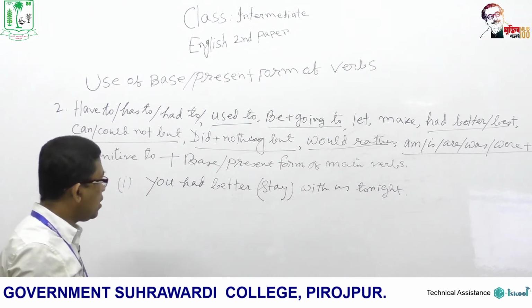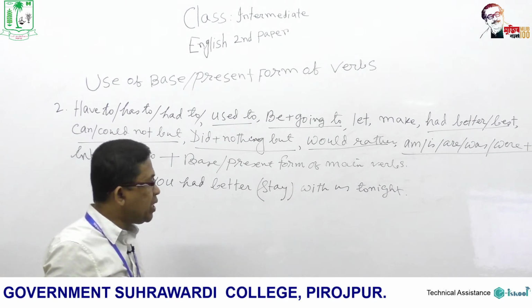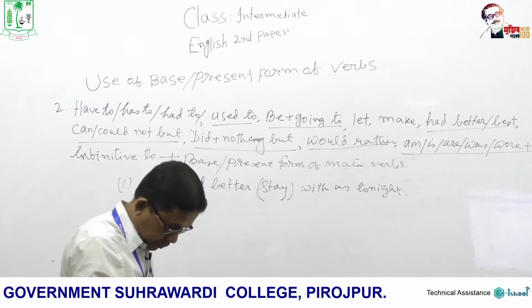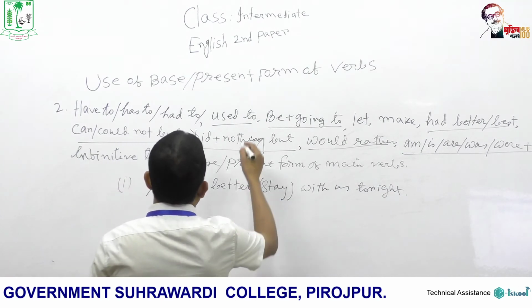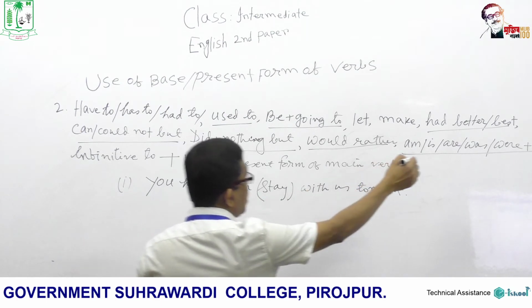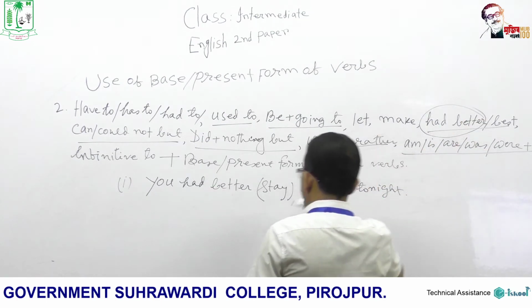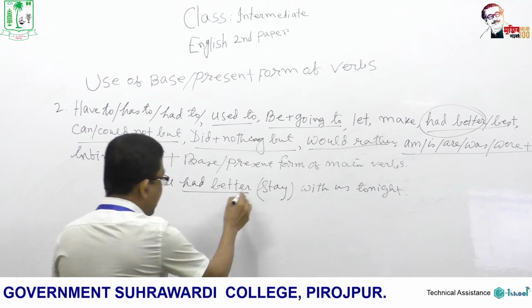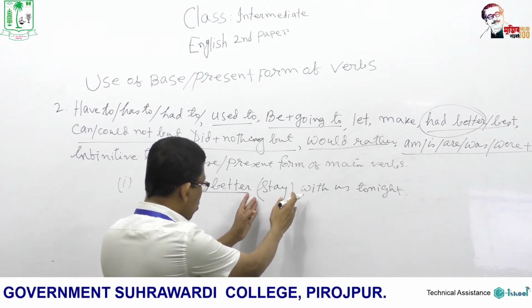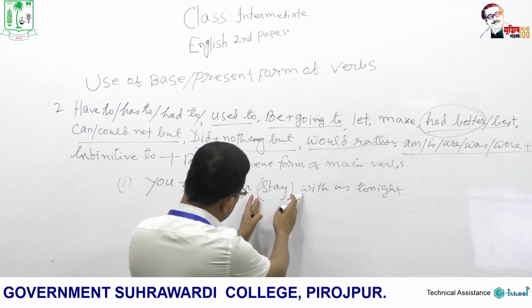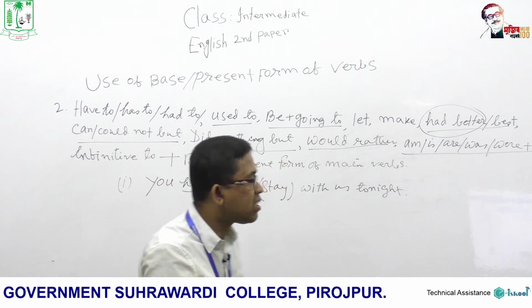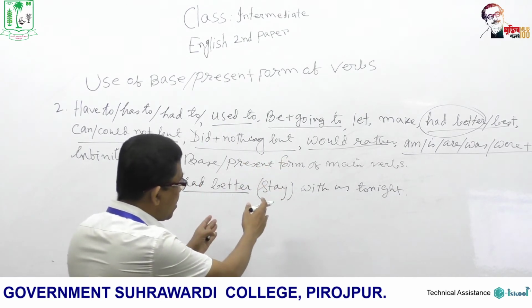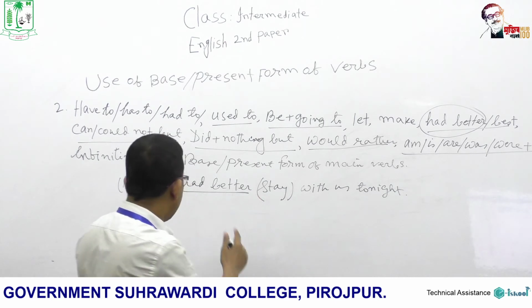Example number 1, you had better stay with us tonight. Here is a had better. Where is the had better? I have taken this had better here. Now, what form of this main verb stay should we use? This is the question. We are coming back here to use the right form of verbs.